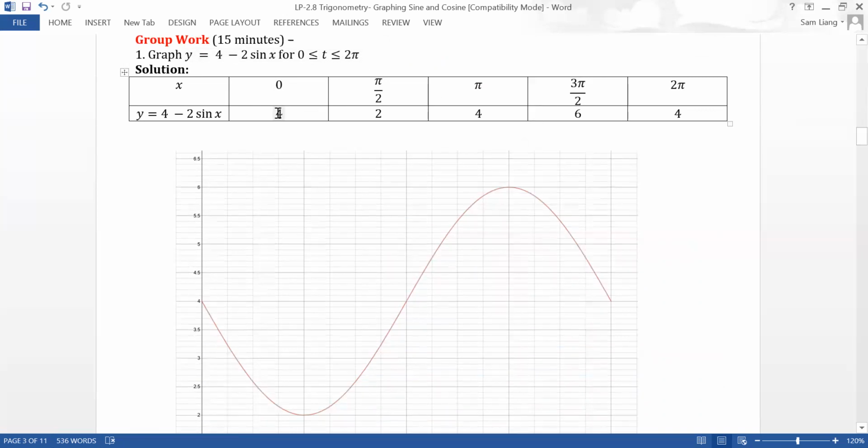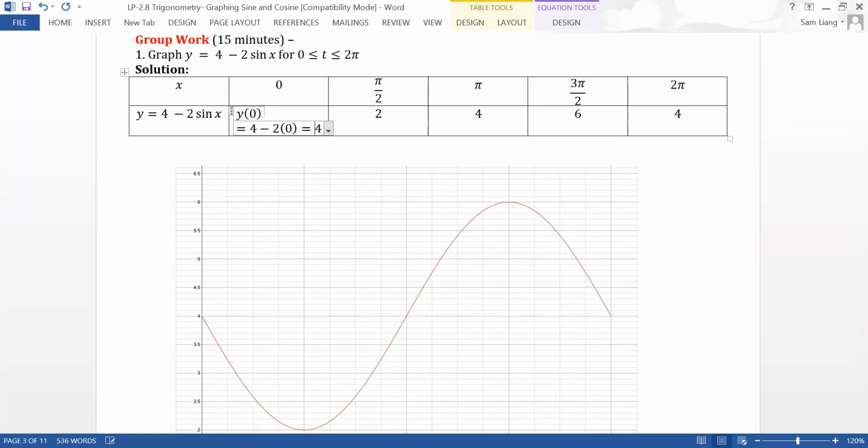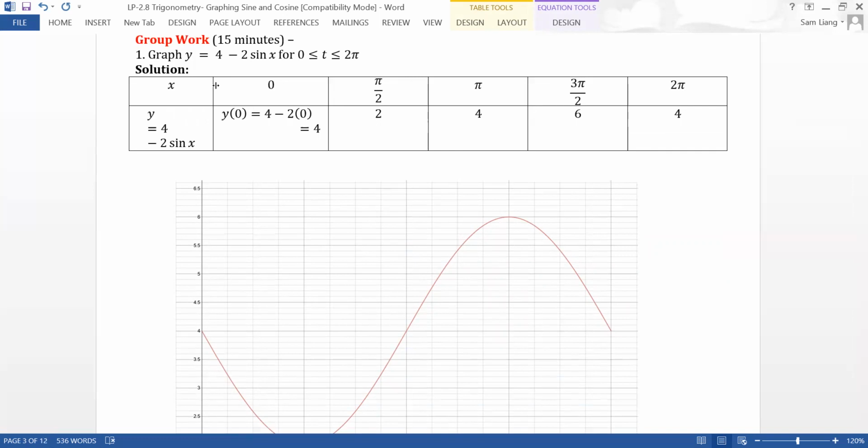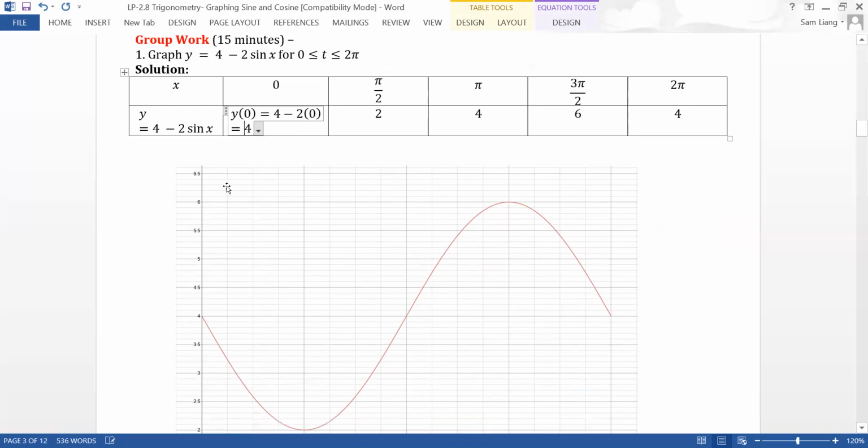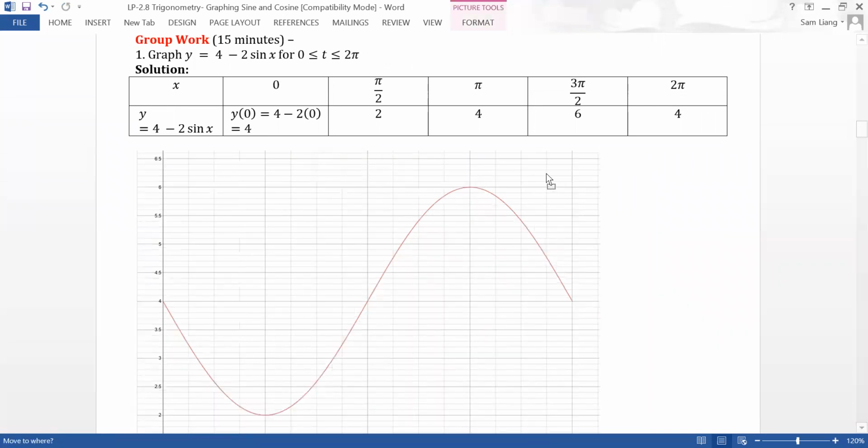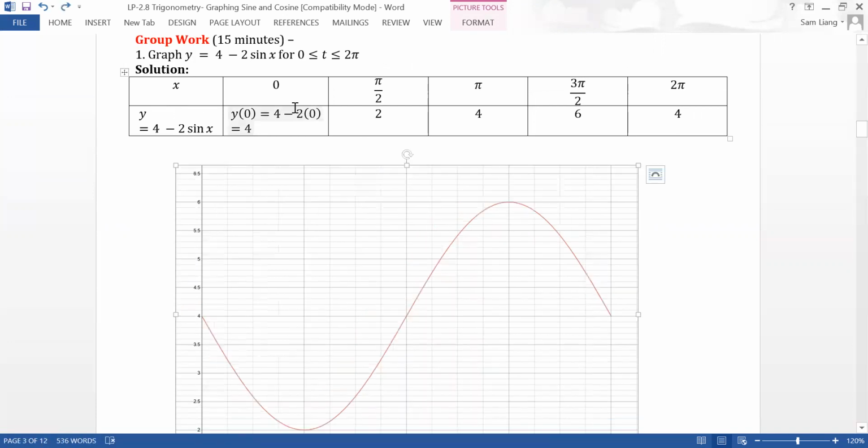Let me evaluate here: 4 minus 2 times 0. As you see, we just evaluate the function.